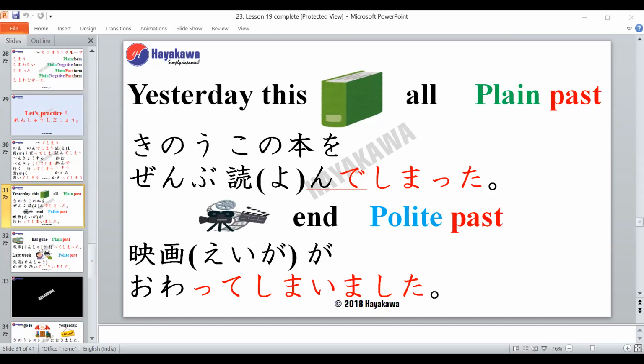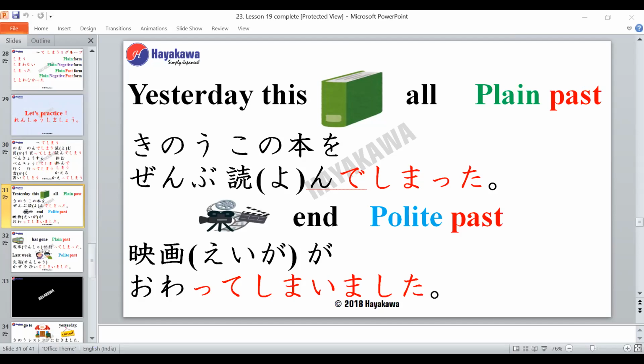Kino kono hon wo zenbu yonde shimatta. Very good, Siddharth-san. Arigato gozaimasu. So it is Kino kono hon wo zenbu yonde shimatta.